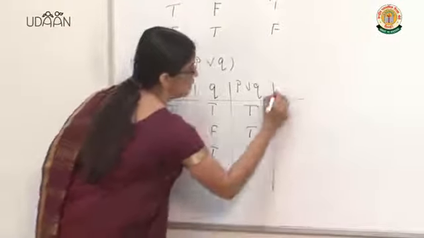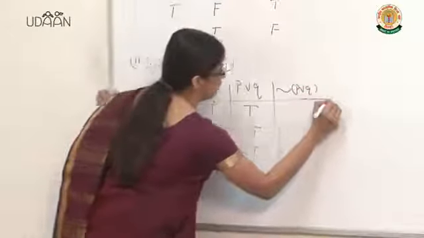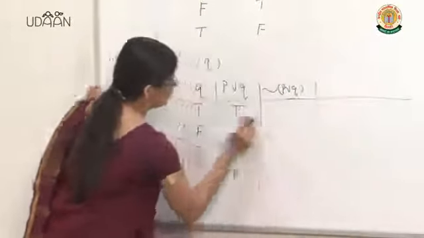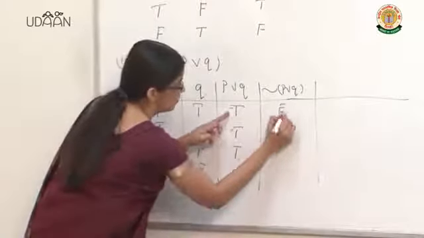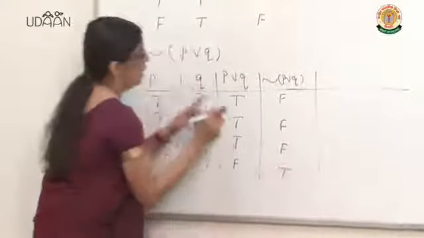Now we need to take negation of P or Q. It is negation of this column, which gives you false, false, false and true.